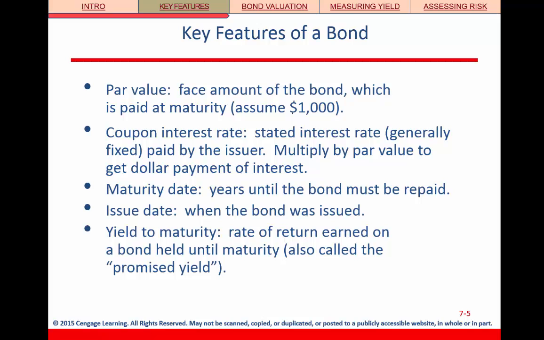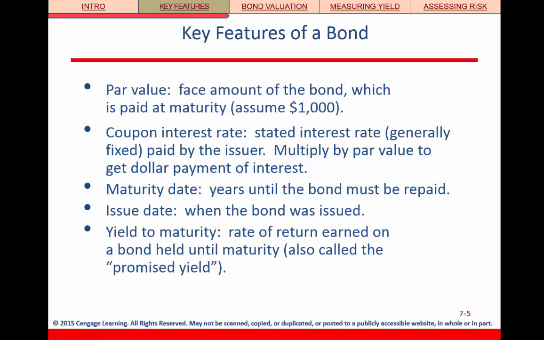The issue date is when the bond was issued. So that just means it could be May 22nd, 2015, which is today for me. And then the yield to maturity is the rate of return or the promised yield, that is what you should earn if you hold the bond until maturity.